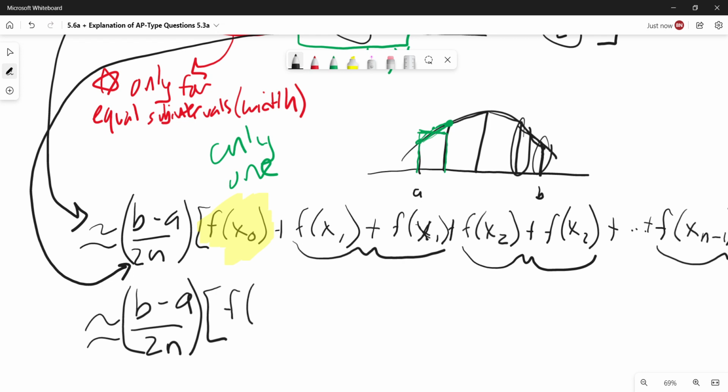So you have the b minus a over 2n. Again, remember it's 2n because we factored out the 1/2. And then you have f of x sub 0, which occurs by itself, so that's just a 1 coefficient there.